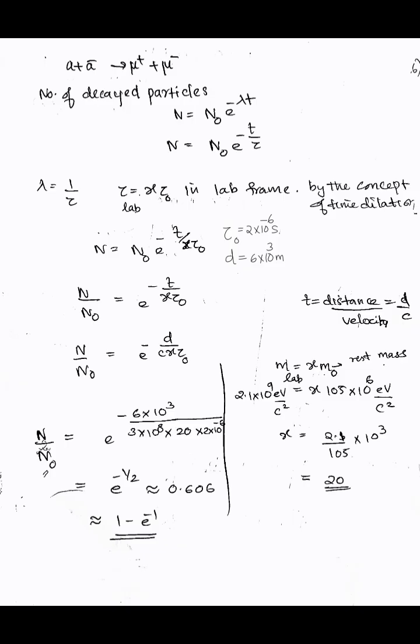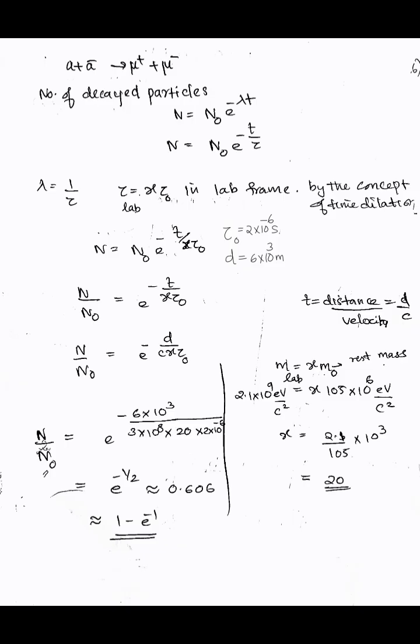So we can write n is equal to n0 e raised to minus t by gamma tau naught. That is n divided by n naught is equal to e raised to minus t by gamma tau naught. And we know that time is equal to distance by velocity, that is t is equal to d by c.